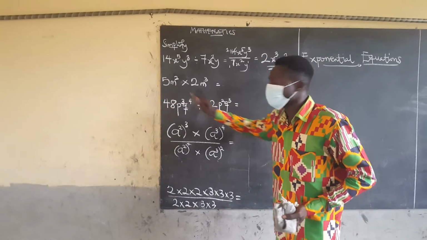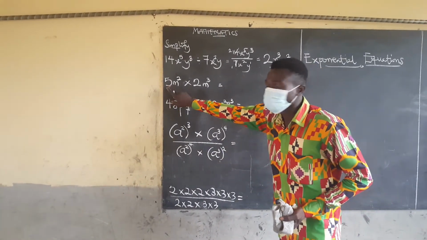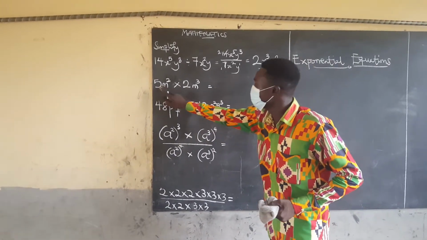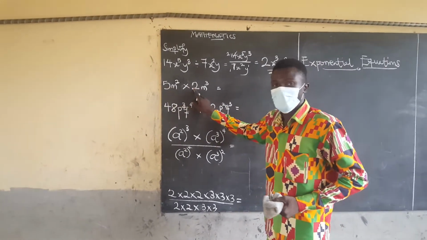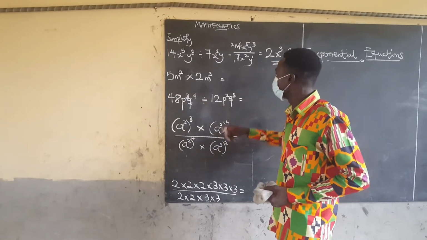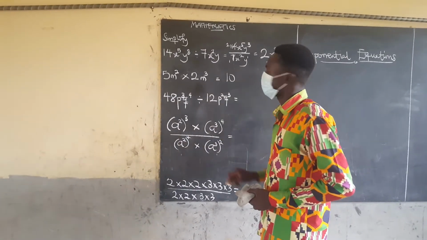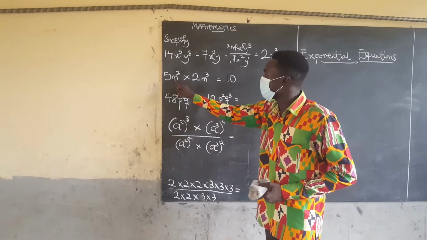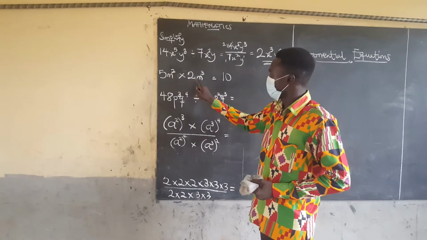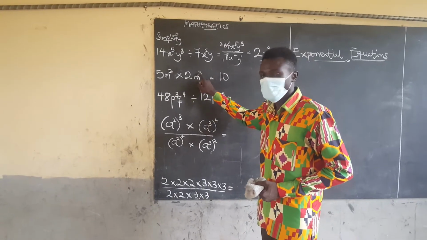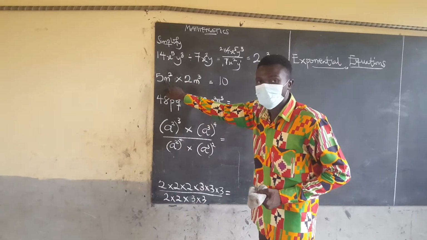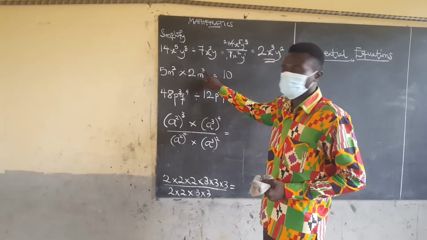You are multiplying. Because this is not in powers, this is also not in powers, we will multiply the two numbers. So 5 times 2 will give us 10. When you come to the variable here, this is m raised to the power 2, m raised to the power 3. If you are multiplying and the bases are the same, you add the powers.